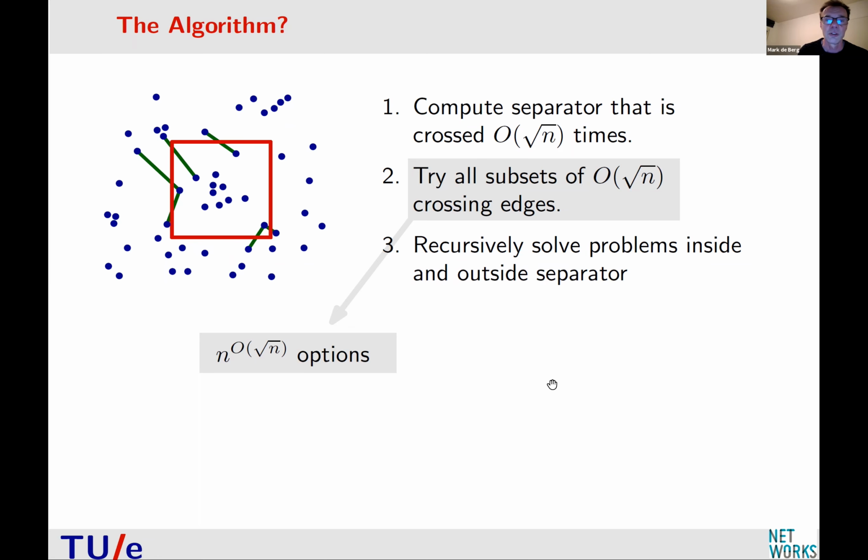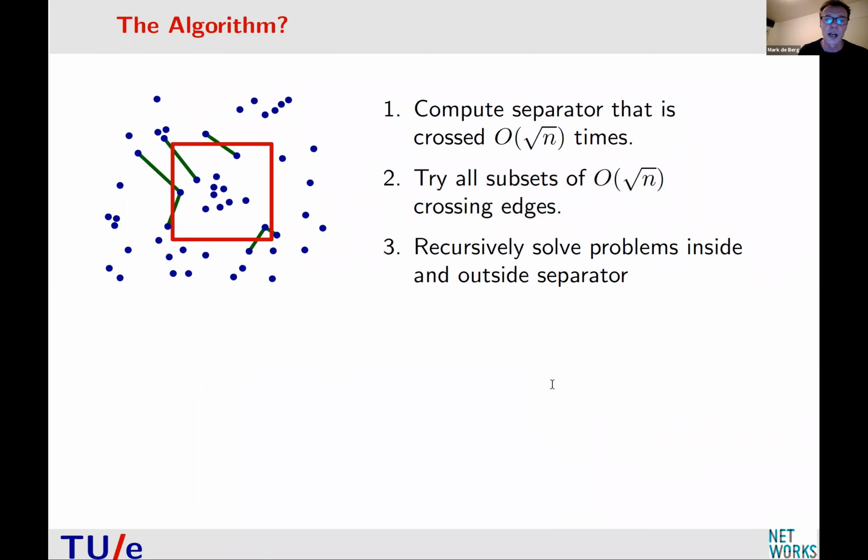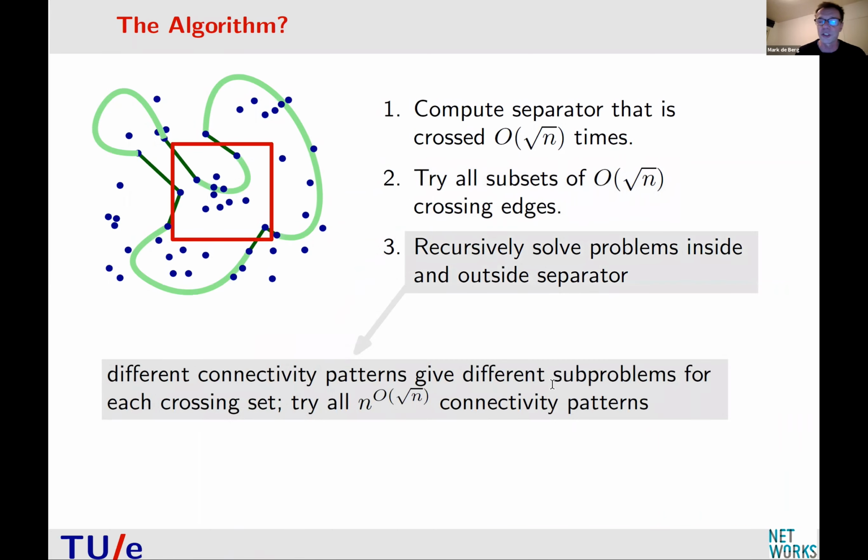Then once I have guessed the things that are crossing the separator, I'm going to recursively solve problems inside and outside. It's not really a recursive call on TSP, because inside and outside, you're now no longer searching for a tour, because I already have these things crossing.